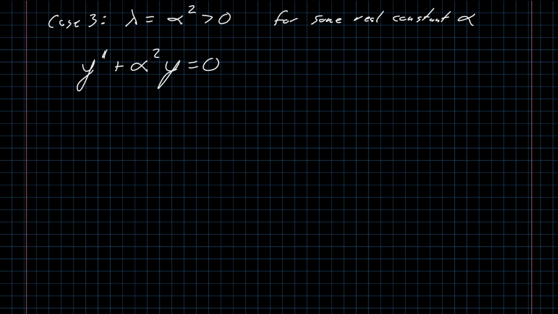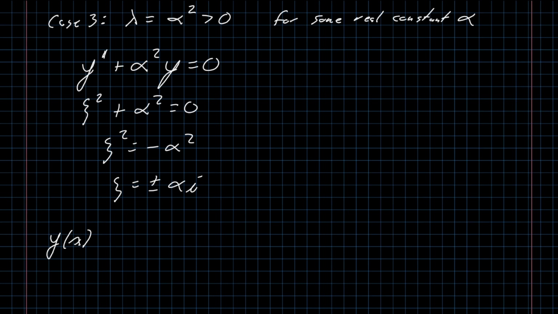Lambda has to be positive for us to be able to write this. Once again, we will use our method of characteristics. And this time we will get our two complex roots, which means that we have our solutions in the form y of x equals c1 times sine of alpha x plus c2 times cosine of alpha x.